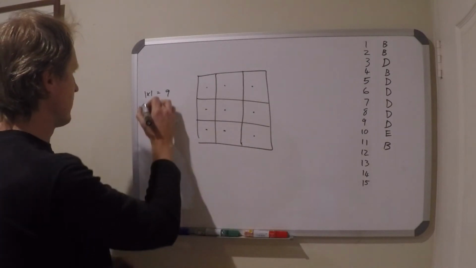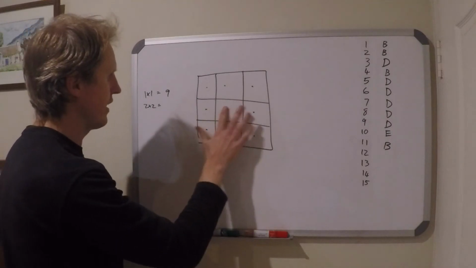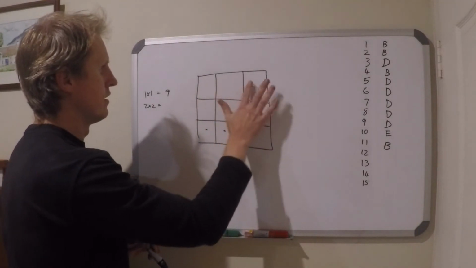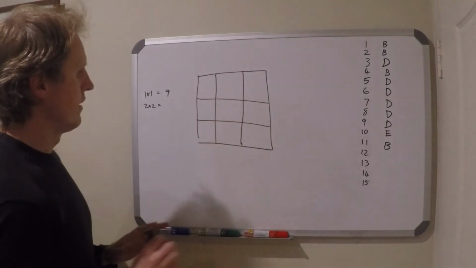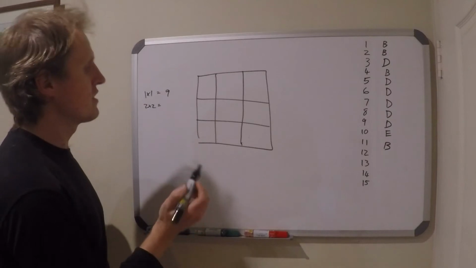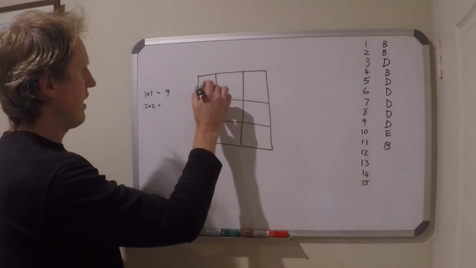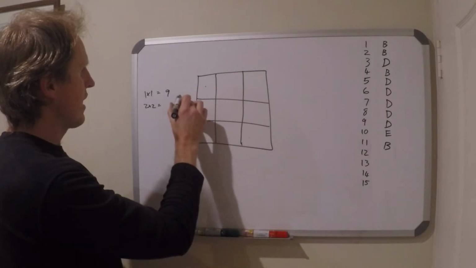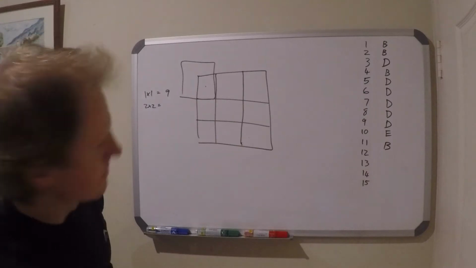Okay, how many squares are 2 by 2? Let's just look at the bottom right corner, for instance. If the bottom right corner is there, then our square doesn't fit.